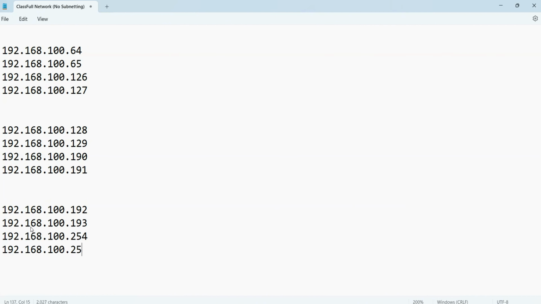So what I'm going to do right now is simulate this in Cisco Packet Tracer. I'm going to go back over here. If I try to put, let's say, the number 64 as an IP address, 192.168.100.64, but then I have to change this to 192, they can't. Okay, what is the broadcast, 127? Let me try and put that as an IP address, and this will actually fail also.